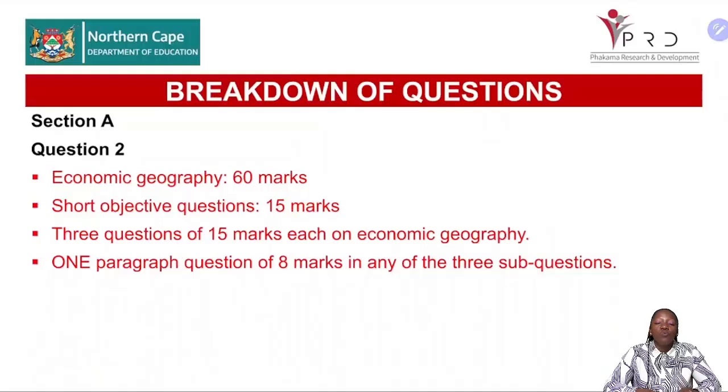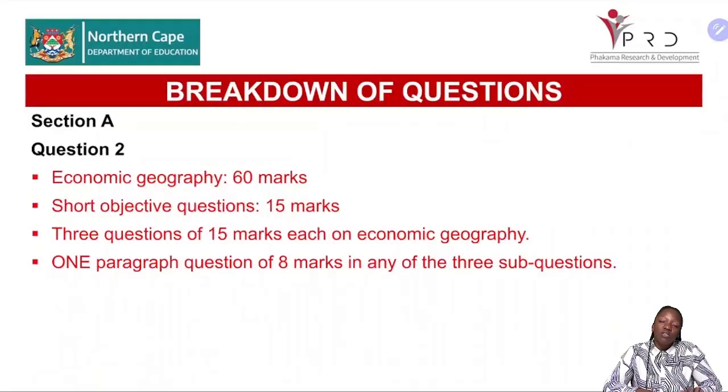Then you move to your question 2, which is our focus for today, your economic geography. Again, the examiner can pick any topic based on economic geography. So you are also advised to revise or study everything because you will never know what questions you will come across. Again, the structure will be the same.